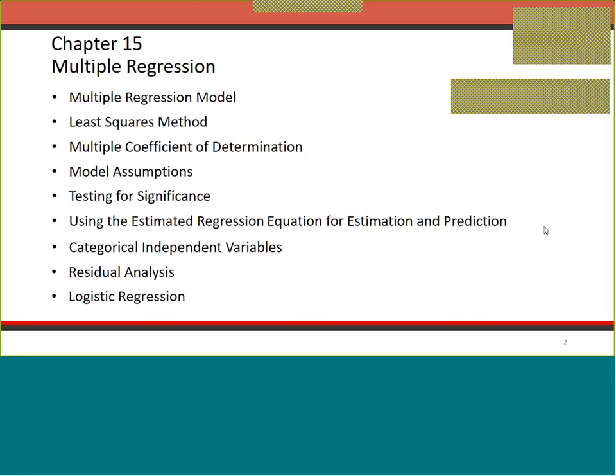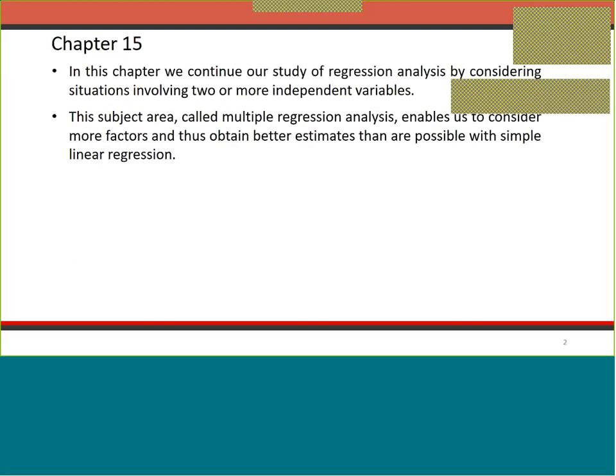Now we are in a position to start multiple regression. In the previous chapter, we learned simple linear regression. It is simple because there is one independent variable and one dependent variable. But in multiple regression, we need to take into account the effects of more independent variables, more than one independent variable.